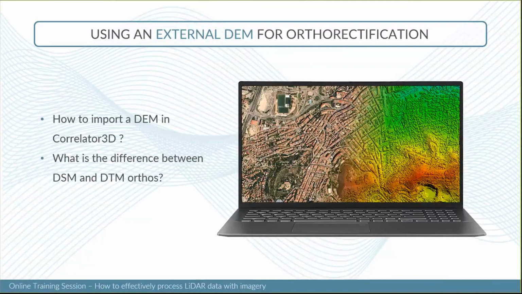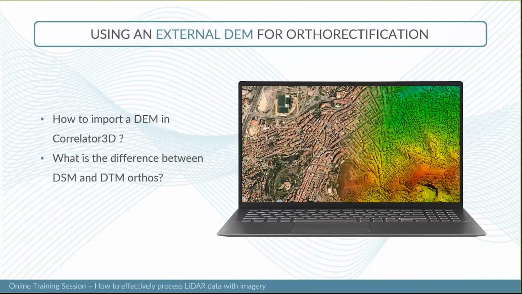So you have a few possibilities here. The first one is you could create your own DEM with your LiDAR point cloud, or if you already have your terrain model or your surface model in raster form, you could import your GeoTIFF inside Correlator 3D and do the ortho rectification on such data.